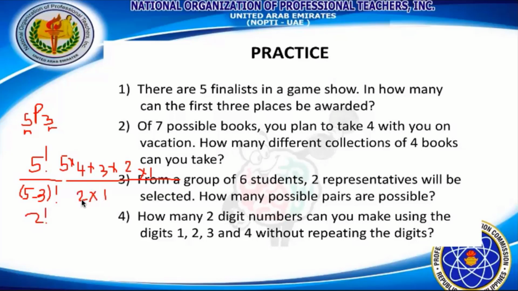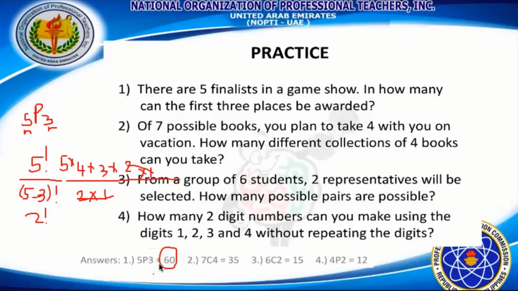Okay? So, cancel mo na yung 2 and 1. Ang natira na lang is 5 times 4 times 3. Kaya, 5 times 4 is 20 times 3, 60. Kaya tama yung answer dito na 60. So, there are 60 possible ways na pwedeng i-award yung first 3 places sa 5 finalists. Parang gano'n ang ibig sabihin niya.